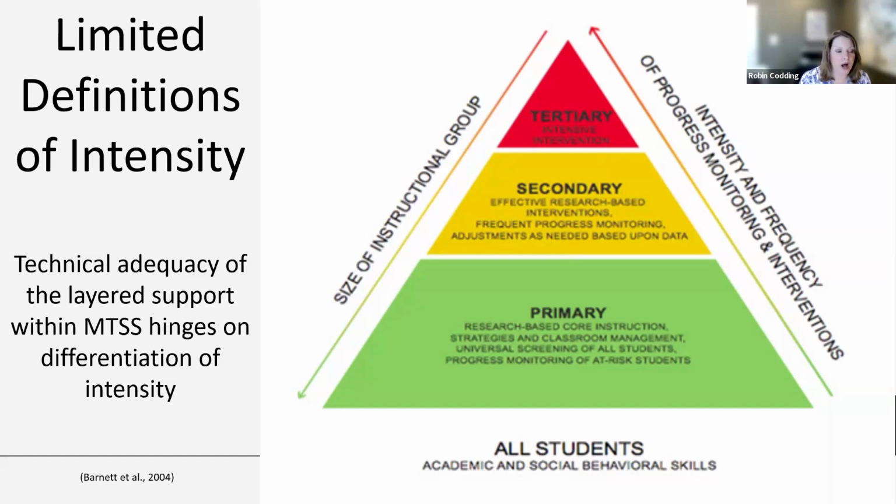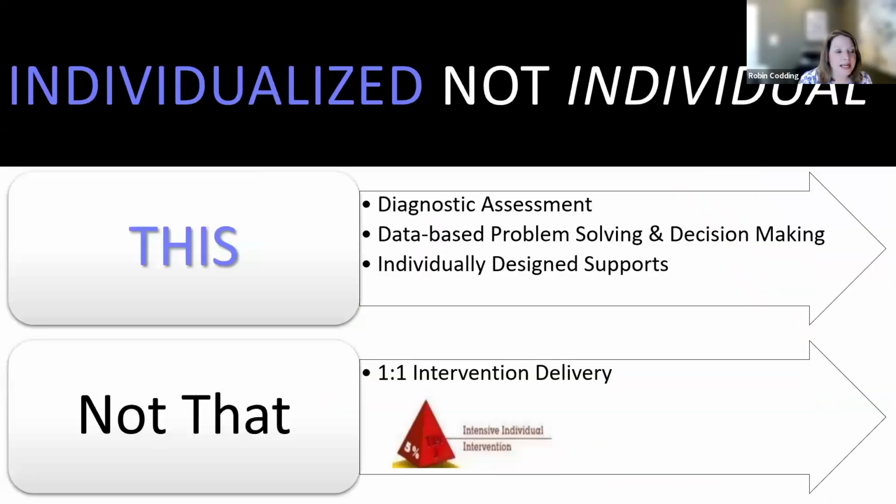As a result, we often default to defining intensive intervention as one-to-one service delivery. So I wanted to start our conversation about what is intensity in order to address this idea that intensity equals one-to-one service delivery. I am here to tell you that individualized supports, intensified supports, is not individual. Intensive support is not about one-to-one service delivery or individual support.